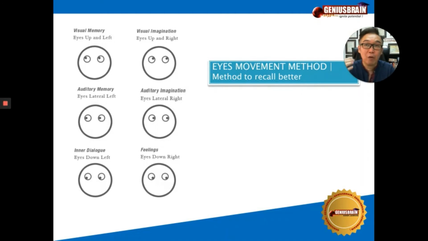It's because when we just come out from the examination hall, our eyes look up to recall. It's very natural. But during the examination time, our eyes are looking down. So we are not able to recall a lot of things. Okay, remember this. So this will be one of the secrets for you to get better school grades.